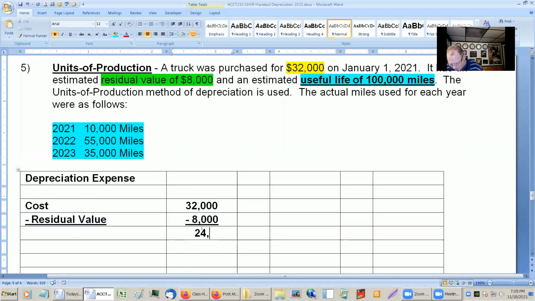And so up to this point, it's the same as problem 3. So this is the depreciable amount. We're gonna divide that. Now here's where it gets a little bit tricky. We're not going to put in how many years we use it for.